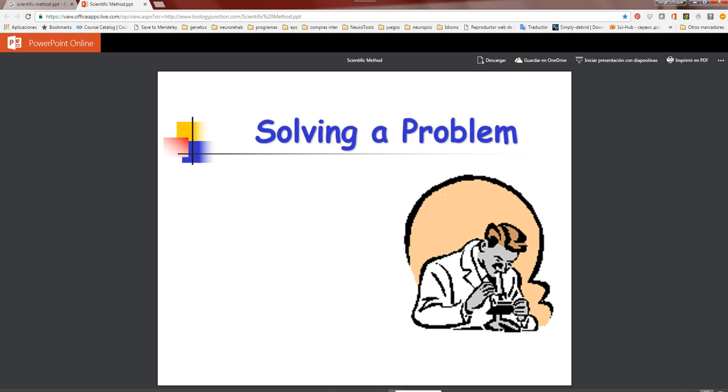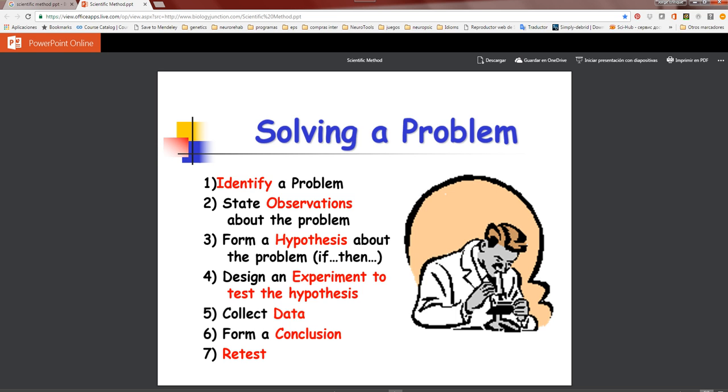Let's take a review. You are going to solve a problem. You first need to identify a problem. To identify a problem, just state the observations about the problem. Remember the things that catch your attention.